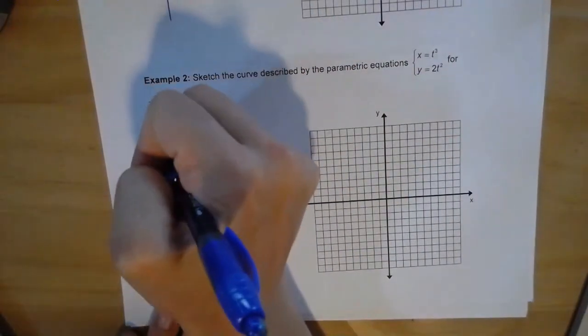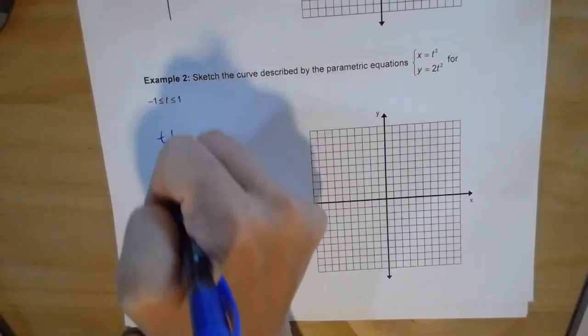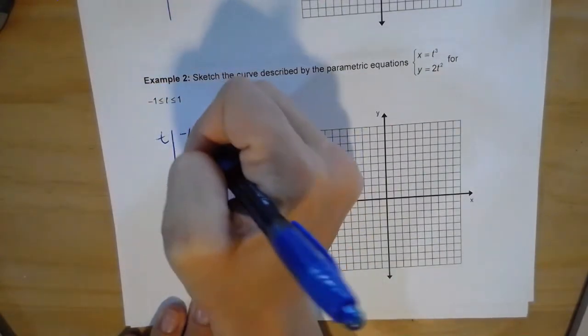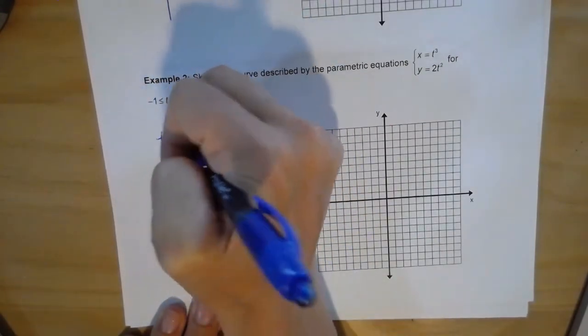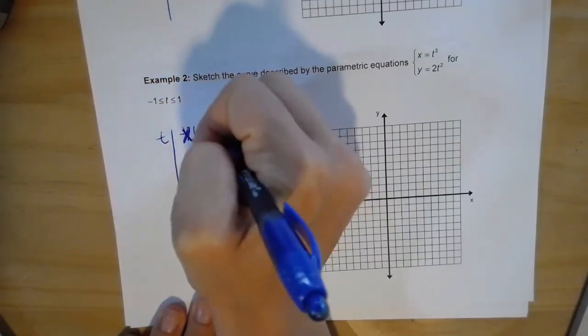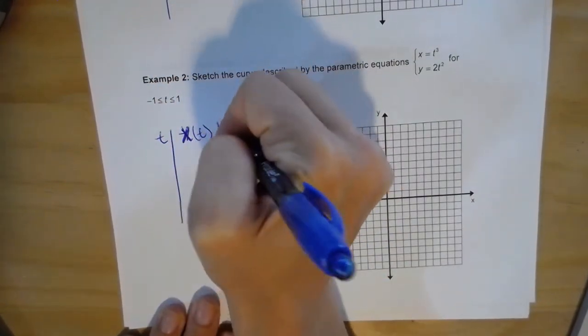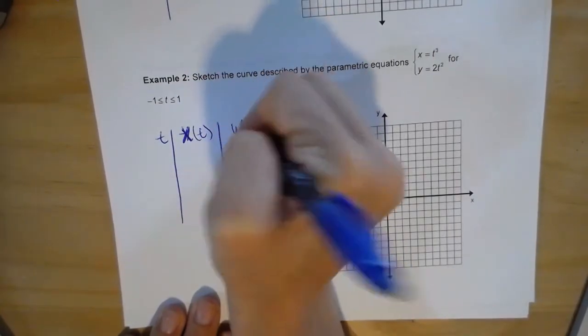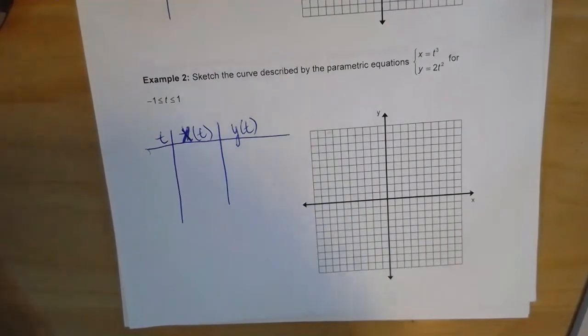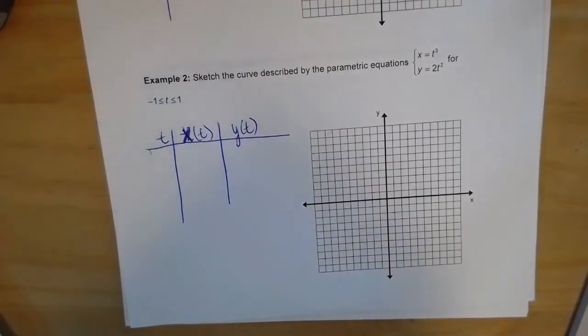So when we write our table, we really have to keep in mind, what am I doing? This should be x of t and y of t. Okay, of course we're going to have -1 and 1 in there, and an easy number in between is 0.